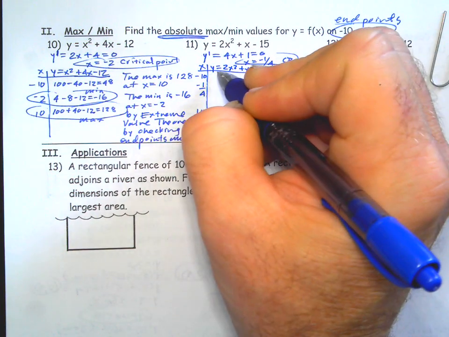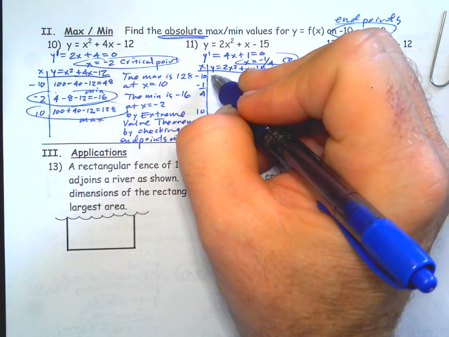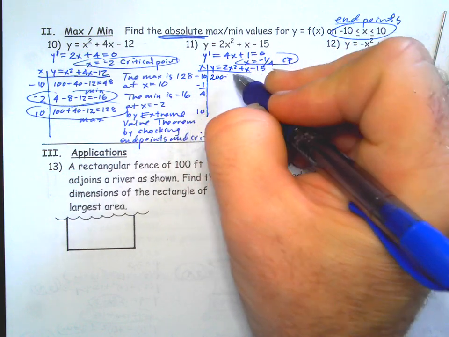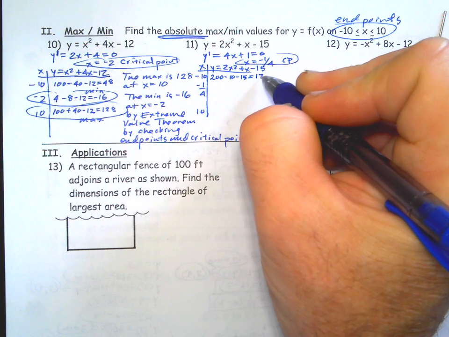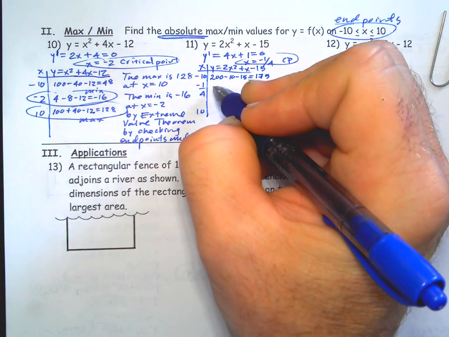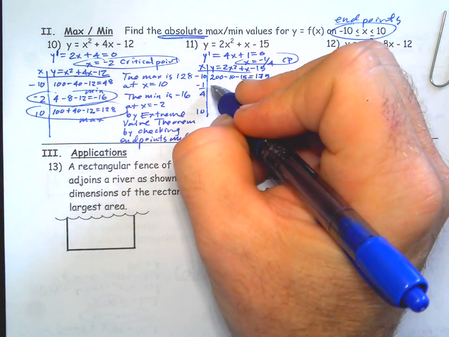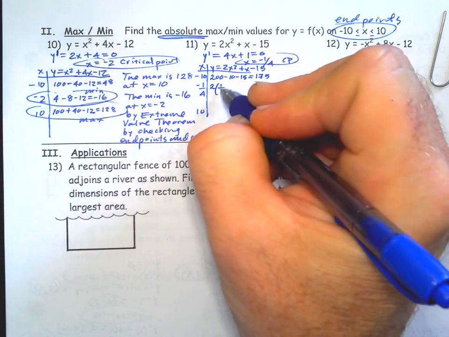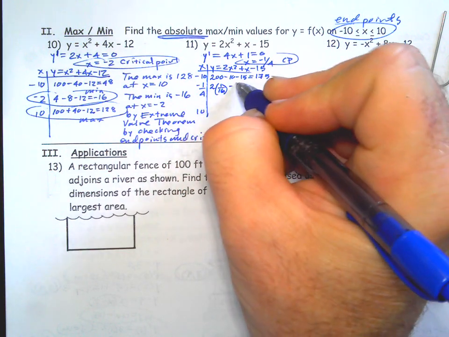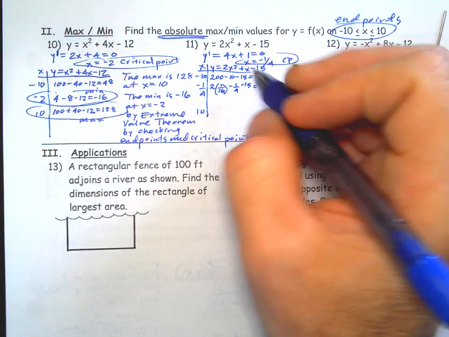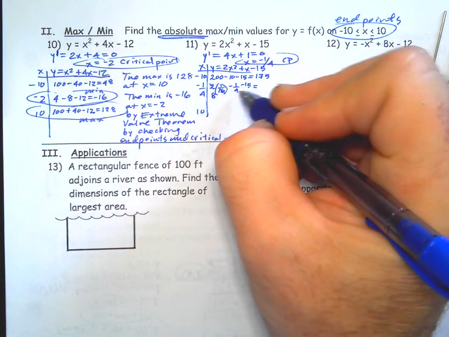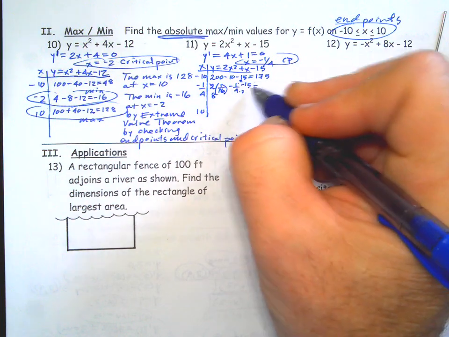So you plug -10 in here, you get 200 minus 10 minus 15 equals 175. Plug -1/4 in, it's a little more complicated. It's going to be 1/8 plus 1/16 minus 1/4 minus 15. So we should try and simplify this, I guess. That'd be 8.